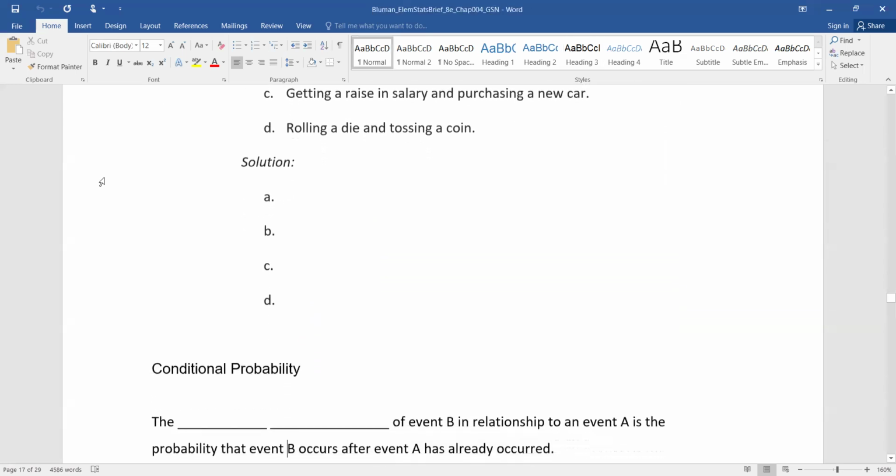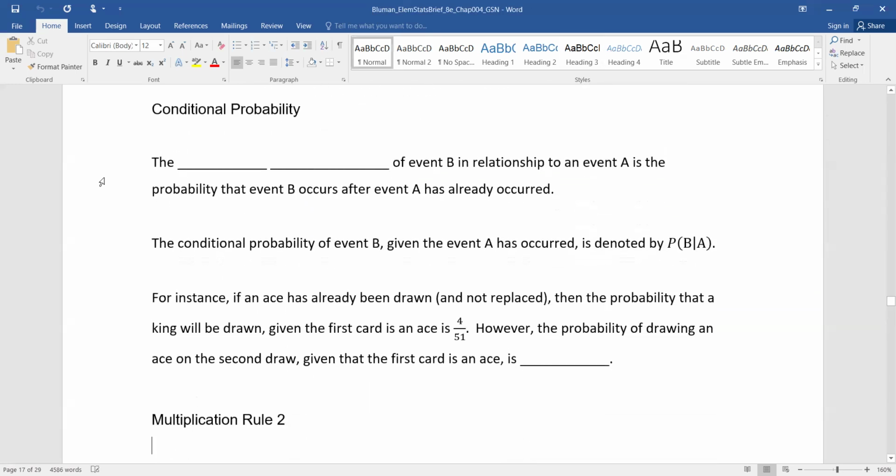So with that, let's get into conditional probability. The conditional probability of an event B in relationship to event A is the probability of event B after event A has already occurred. So conditional probability is basically stating, if I want to know the probability that event B happens, knowing that event A did happen.